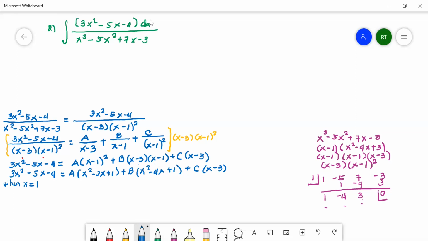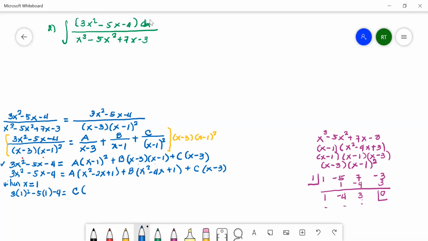So when x is equal to 1, substitute in the first form, the factored form, so that we will have 3 times 1 squared minus 5 times 1 minus 4 is equal to. Now, please take note that when x is equal to 1, the terms that contain the factor x minus 1 on the right member of the equation will be 0, since 1 minus 1 is 0. So we will have A times 0 plus B times 0 plus, what is left?